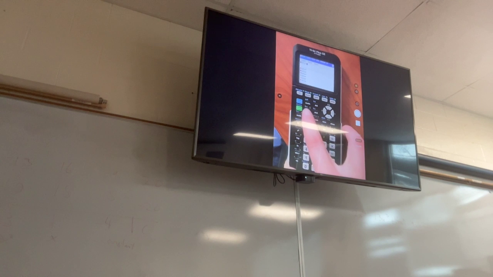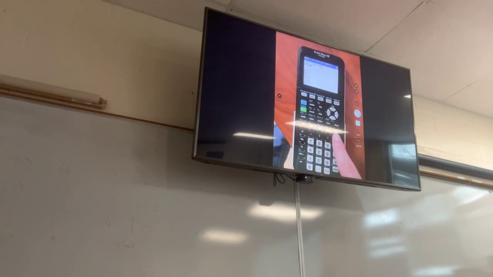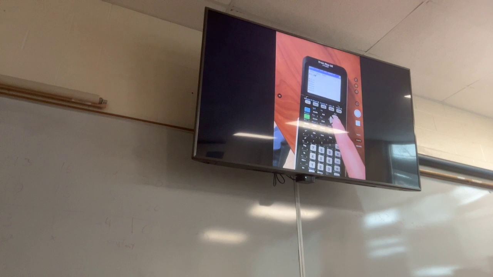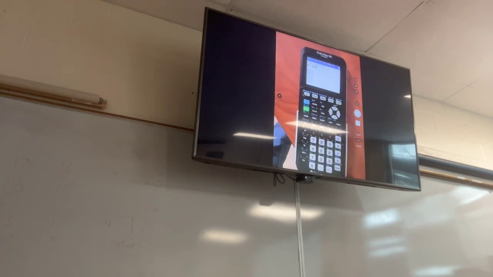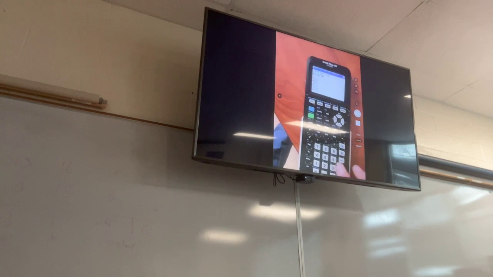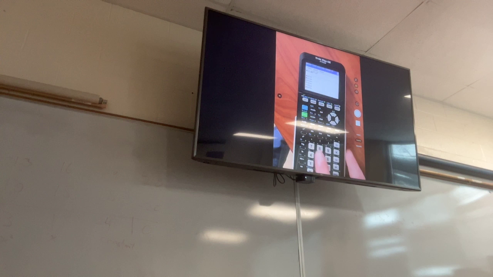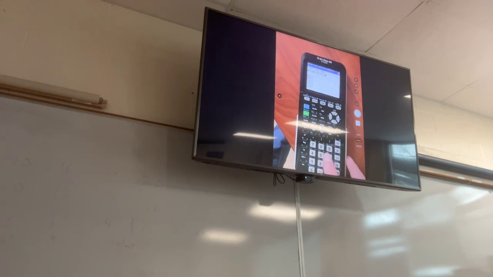So I do x to the third: I hit the caret button underneath the clear button, and then to get out of that, I hit the down arrow, then the right arrow key. So x to the third plus x squared plus 2x minus 16, okay?